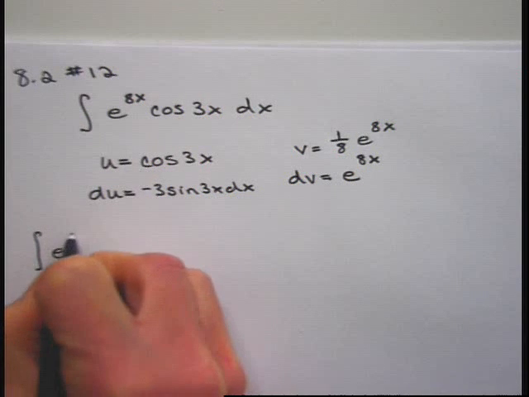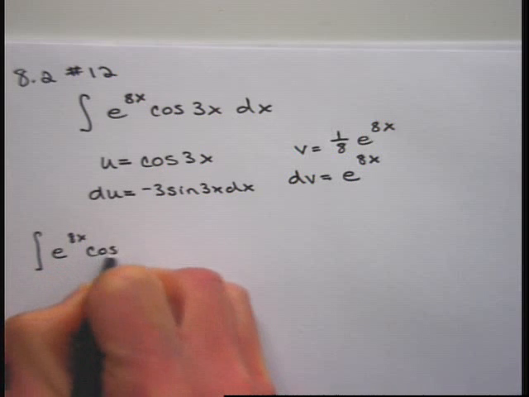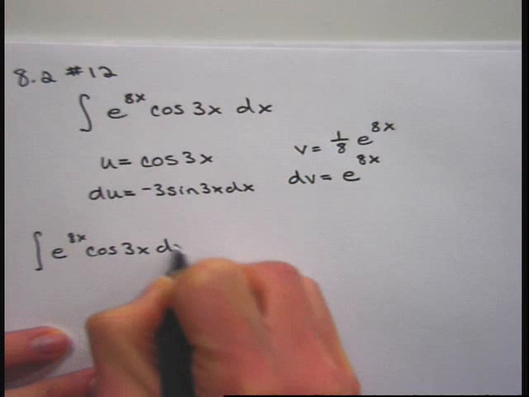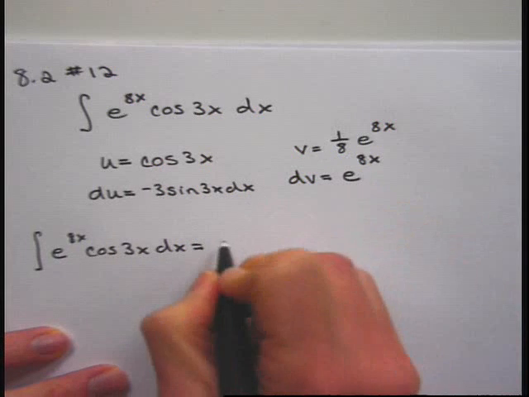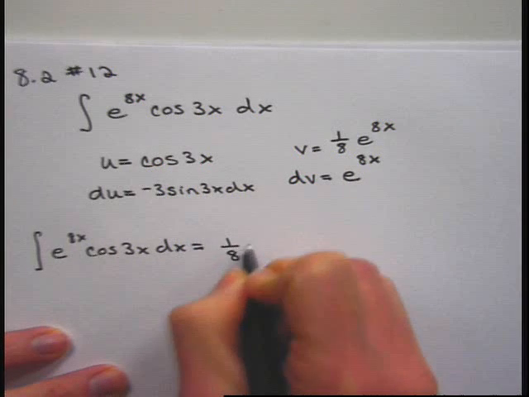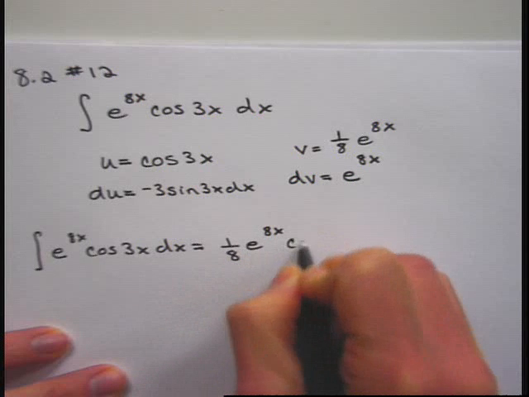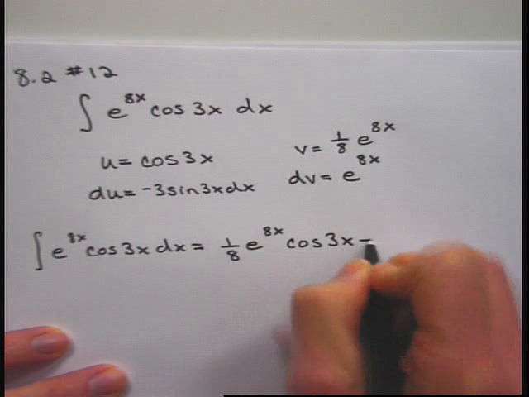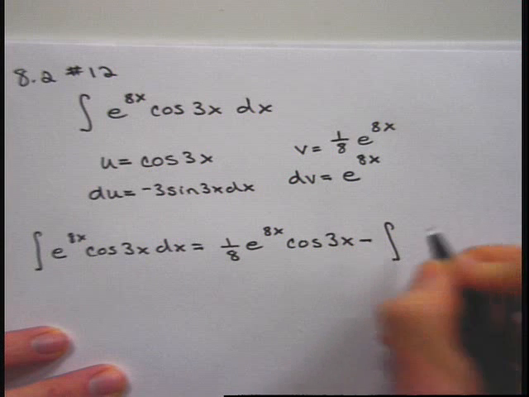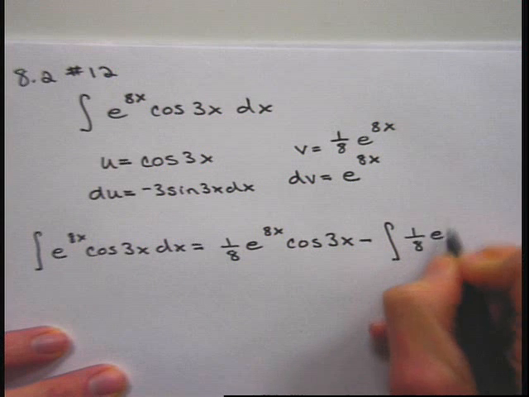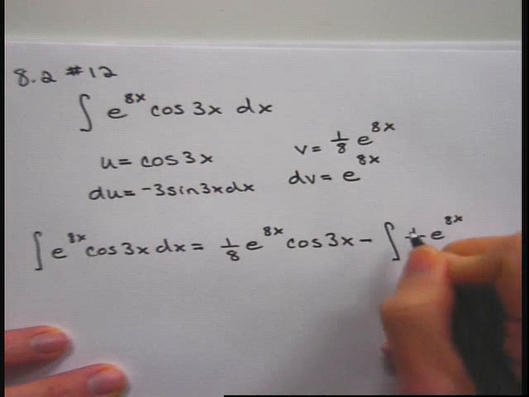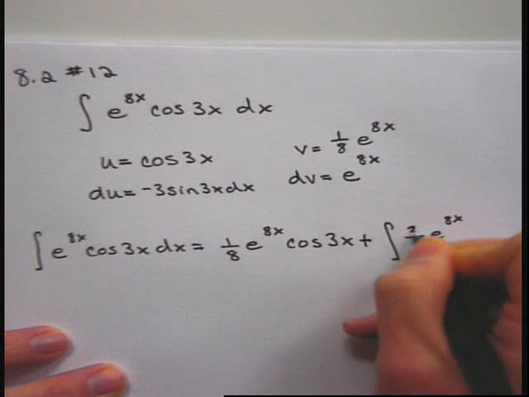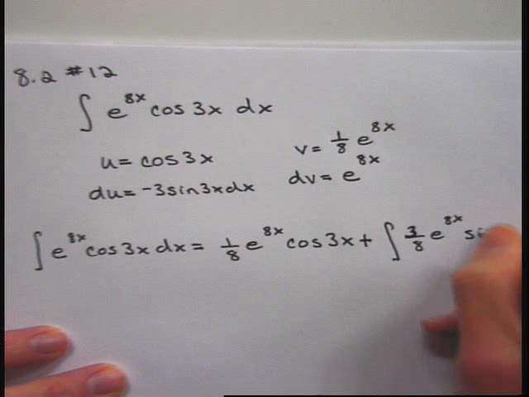So the antiderivative of e to the 8x cosine 3x dx equals uv, I'm going to put v first because it looks better, 1/8 e to the 8x cosine 3x minus the integral of the voodoo, which is 1/8 e to the 8x times, okay, this will be plus, and there'll be a 3 here, sine 3x dx.